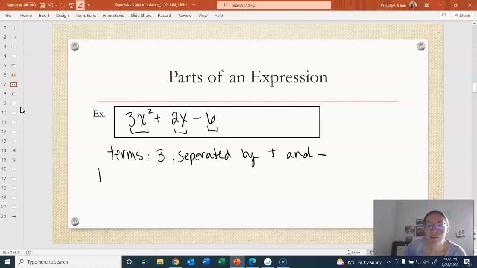We also have something called a leading coefficient. The leading coefficient is the number in front that is with the highest exponent value. So that's a little misleading. You see the word leading and you think it should be the one in the front. That's not always true. What if I had this example?